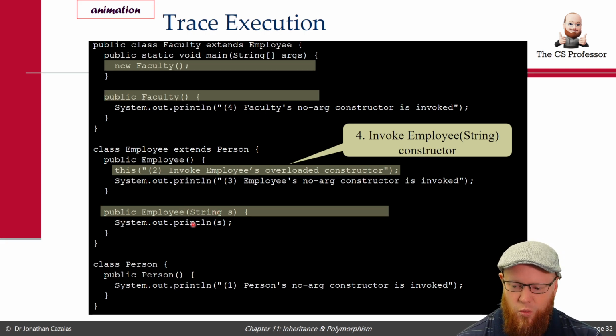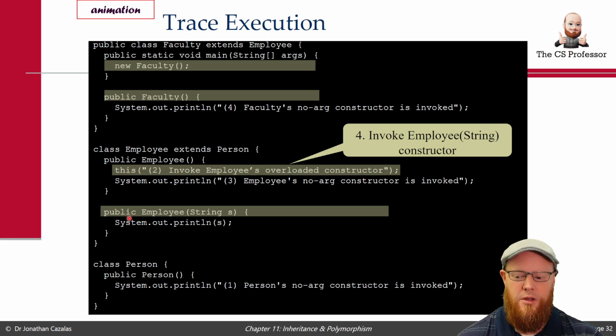And here we have a singular task, a print statement. But before performing that task belonging to this employee constructor, we need to do what? We need to invoke the constructor of the superclass of employee, if we don't have an explicit invocation. Do we have an explicit invocation? Do you see the word super right here?